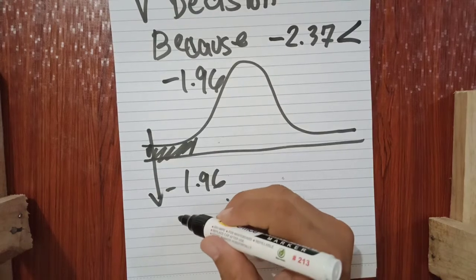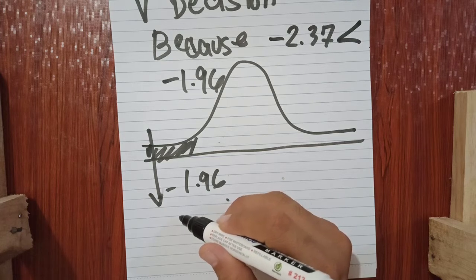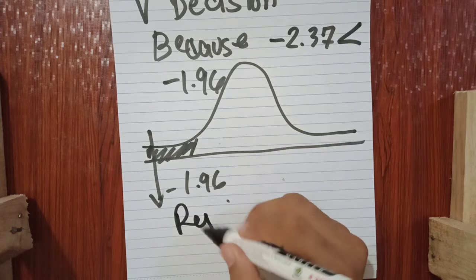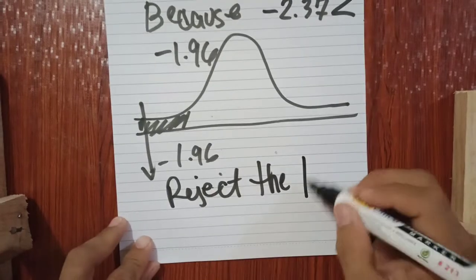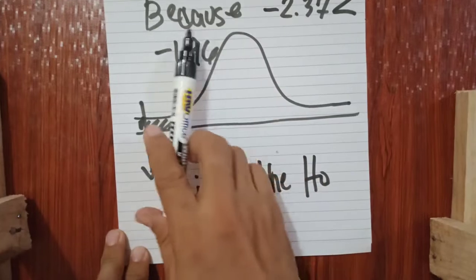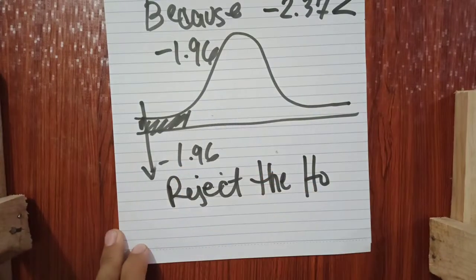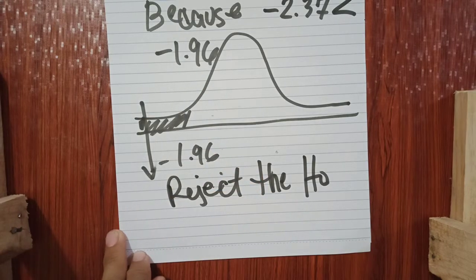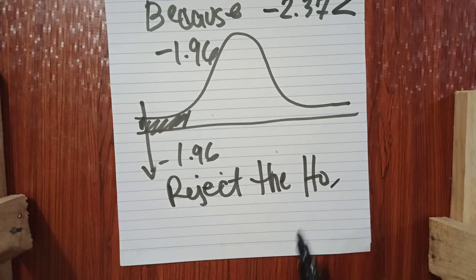So we are going to decide now. So we reject the null hypothesis. So, ito yung decision natin. Because negative 2.37 is less than negative 1.96, reject the null hypothesis. Okay?